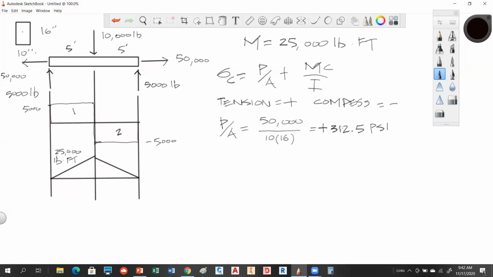Yeah. Okay, so now, if we look at this moment that's being induced on this beam right here, it's pushing like that, so it's putting me in compression at the top and tension on the bottom. Does everybody agree with that? Okay, so we're going to calculate MC over I now. M we know is 25,000, right?